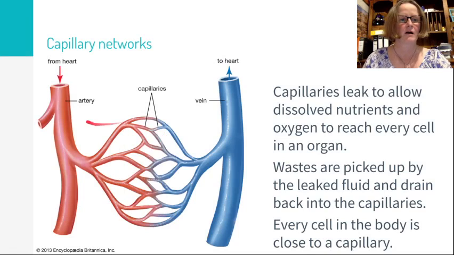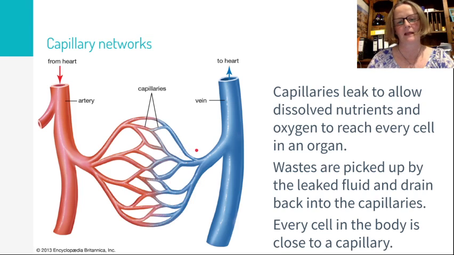So from the heart, arteries carry the blood, and then it branches off into smaller arteries that then branch off into capillaries. And we have these networks of capillaries that travel through all of our organs, and they allow blood to come really close to every single cell in the body. Then the capillary networks join up again once they've given up their oxygen and given up all their food, nutrients.